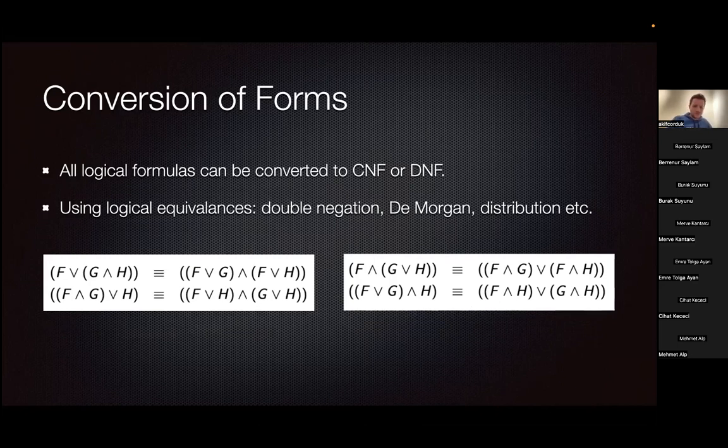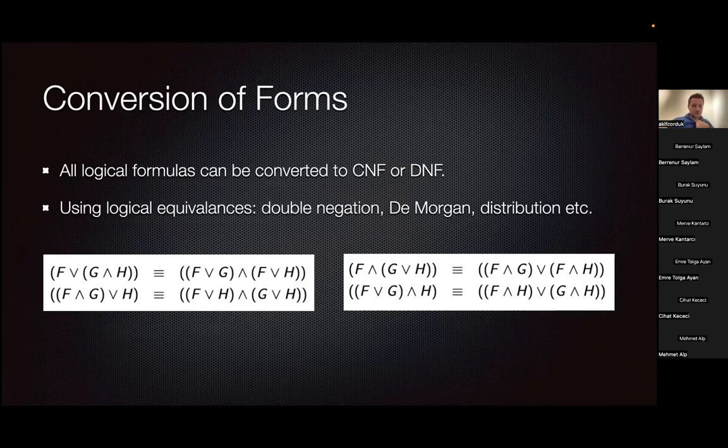I'm sure most of you know it, but for example, in the first row, we have an or between f and a clause, and we have an and between g and h, but we want to convert it into a CNF form.